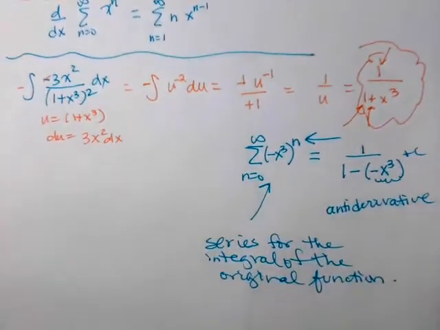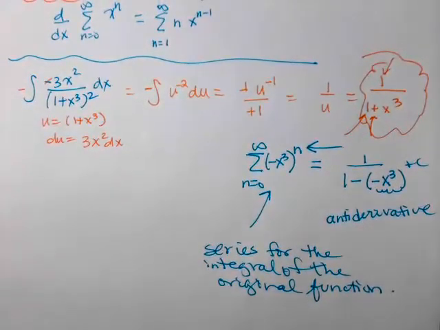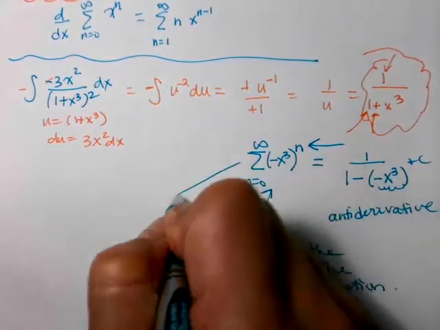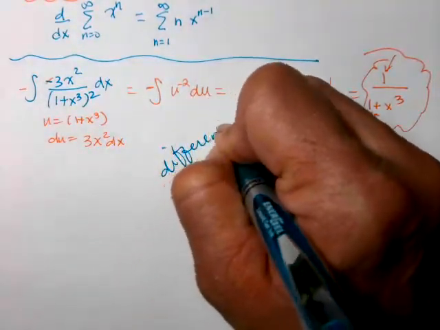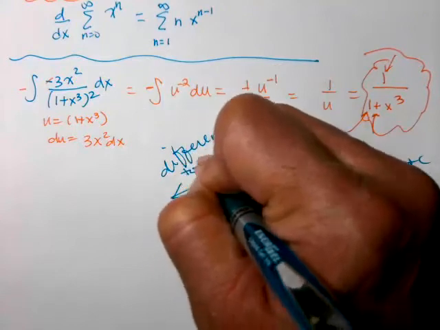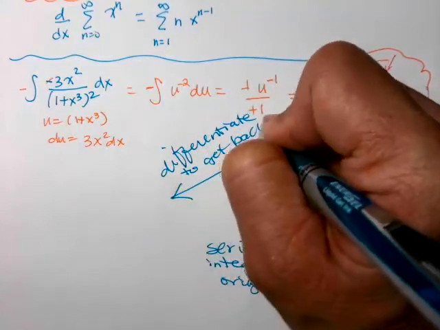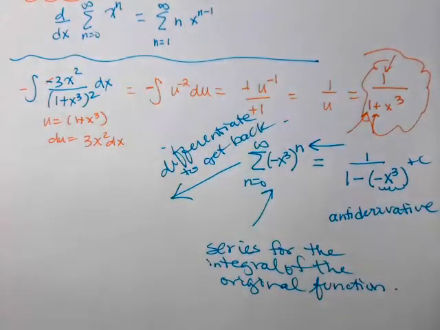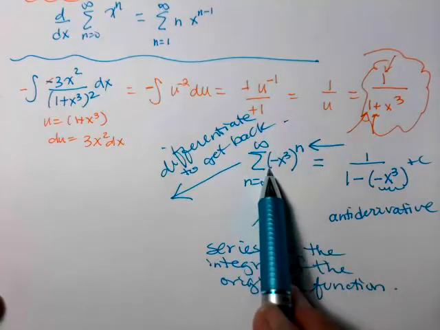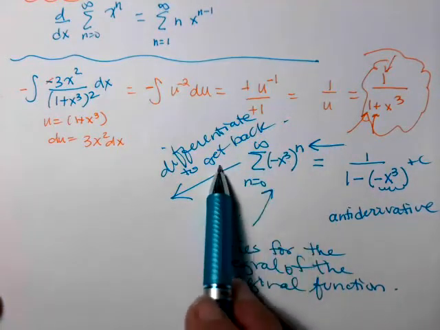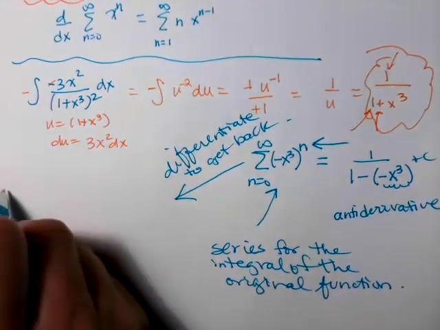So if I want a series for the original function, we went one way, so now we have to undo what we just did to get back to the original. So we're going to differentiate to get back. And how do we differentiate that? Well, powers to powers, I can multiply. I'm going to do a little manipulating and take that negative 1 to the n out.